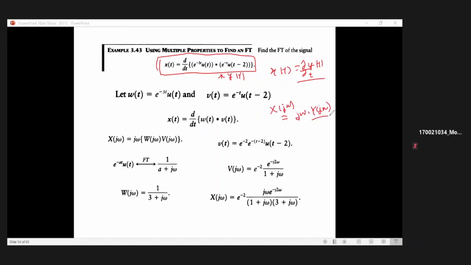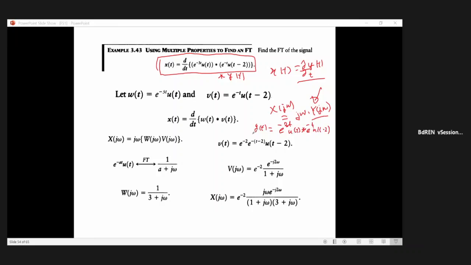Then our problem is only that we have to calculate Y(j omega). To calculate Y(j omega), we know that y(t) would be equal to the convolution of e to the power minus 3t u(t) with e to the power minus t u(t minus 2), something like this.